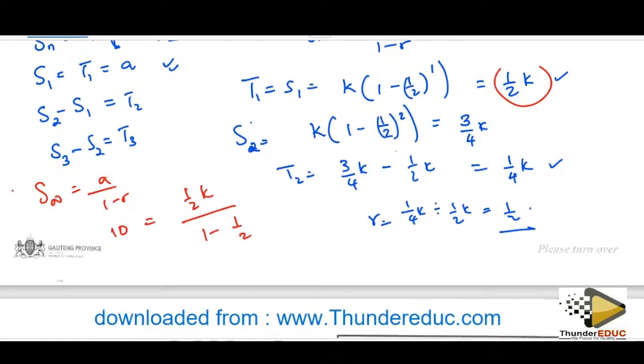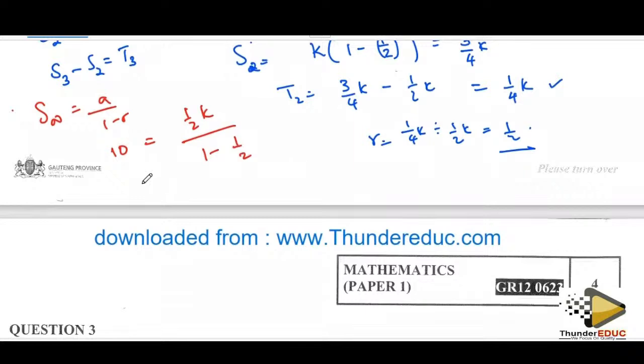So 10 is equal to a half K over a half. Multiply both sides by a half. So 5 is equal to a half K. And then I'll need to multiply both sides by 2. So K becomes 10.